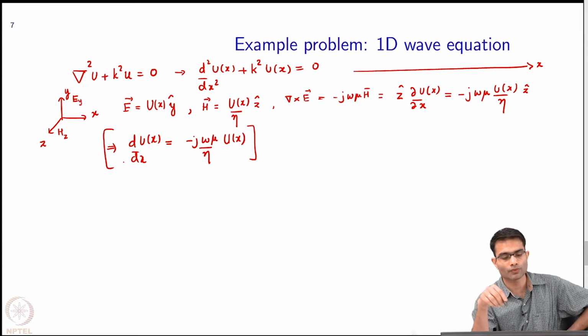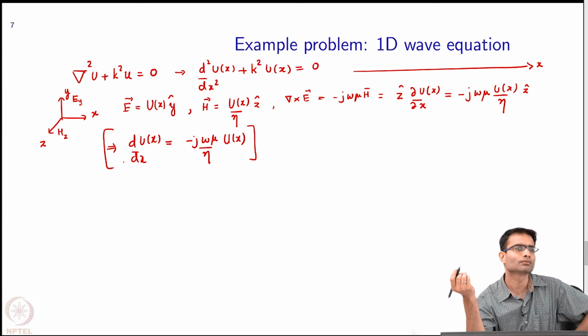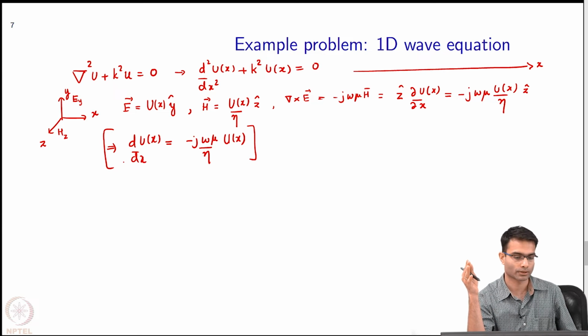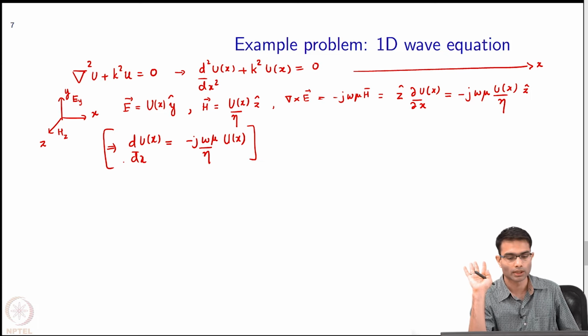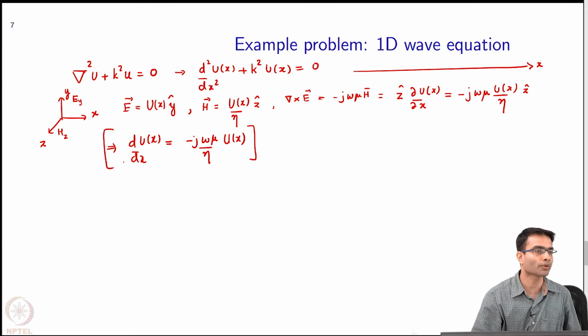If I ask you where this equation is valid, it is valid everywhere. Take any point x, this equation should be valid, because it is giving me the relation between E and H. The basic meaning of this equation is that the ratio of E to H should be eta, that is all. Now this actually turns out to be a boundary condition.